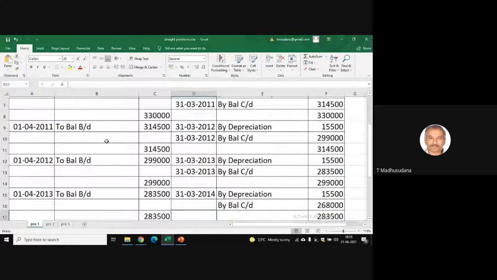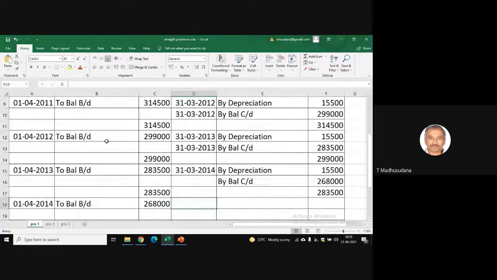So we have completed 4 years. So last year, 2014. So opening balance 1/4/2014 to balance brought down 2,68,000. What is the closing date for that year? 31/3/2015. By depreciation. How much?